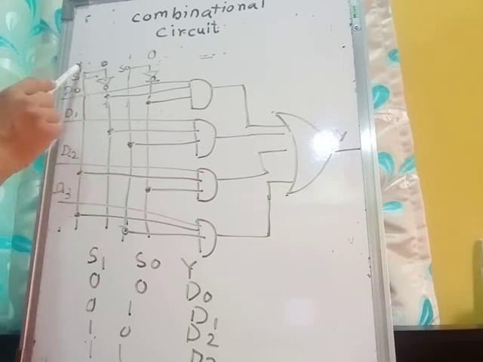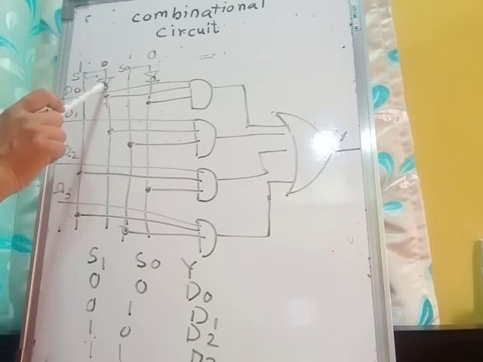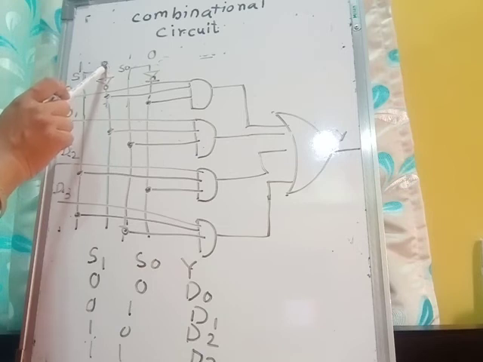So whenever you are sending the input 0 0, that may be converted, means it may get inverted. 1 0 input is there, it may get inverted into 1.